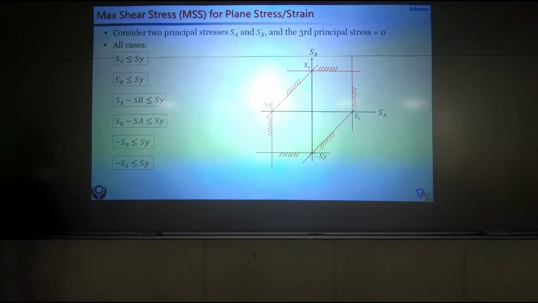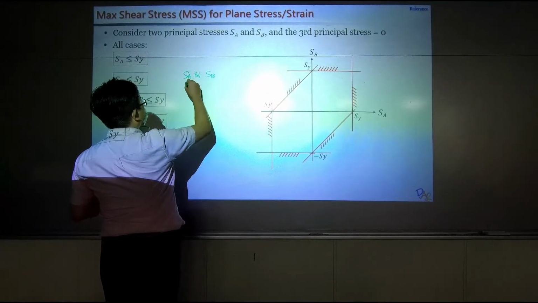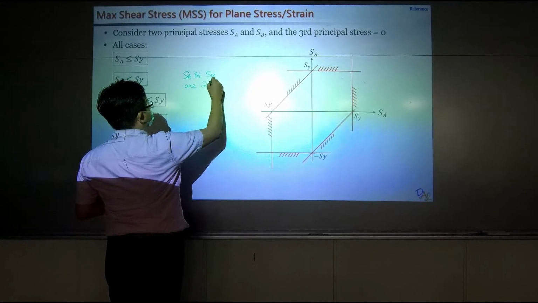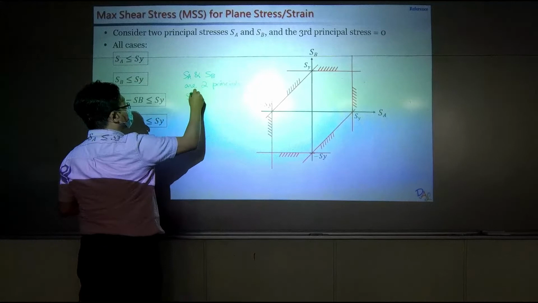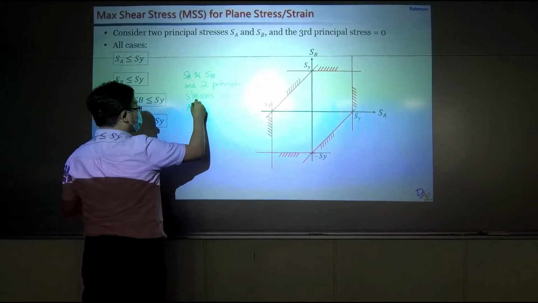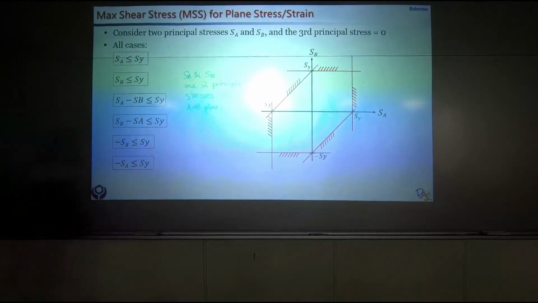And we use this SA and SB. So SA and SB are the 2 principal stresses on the AB plane if you use the coordinate index A and B.